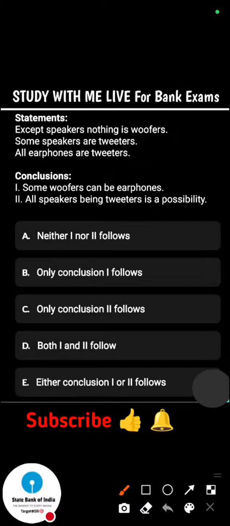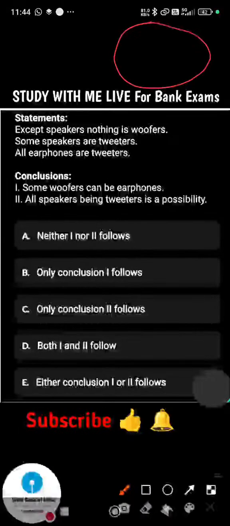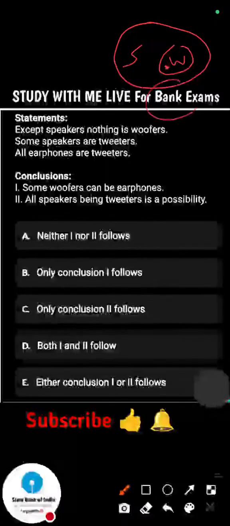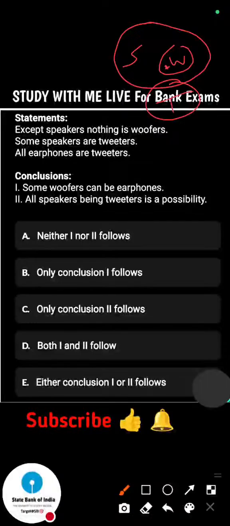Except speaker, nothing is woofer. So woofer doesn't share with anything except a speaker. Some speakers are tweeters. All earphones are tweeters, so earphones is inside T. Some woofers can be earphones?